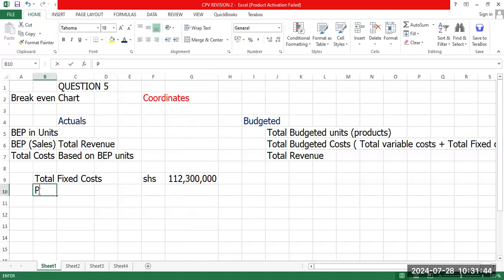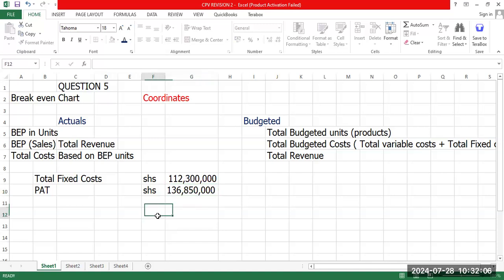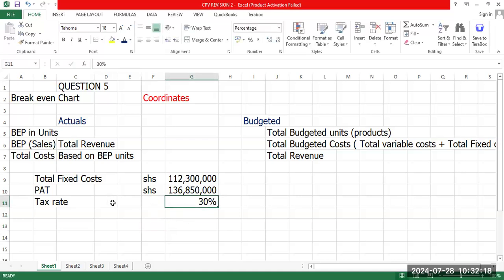Then we are given profit after tax as how much? As 136.85. That is our profit after tax. Remember the tax rate, we are given tax rate at 30%.